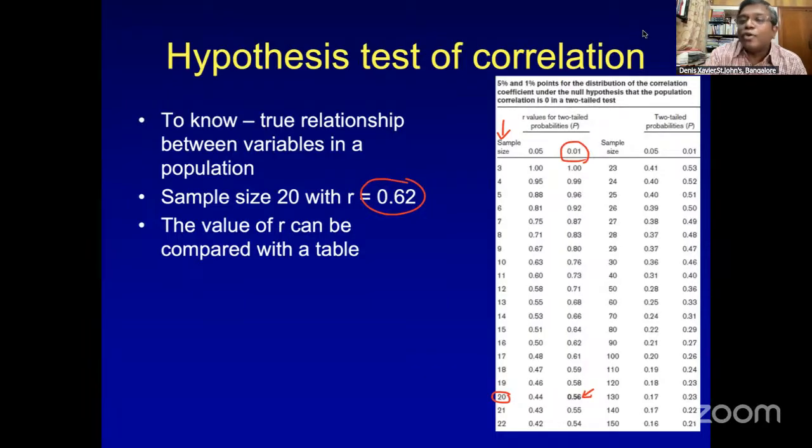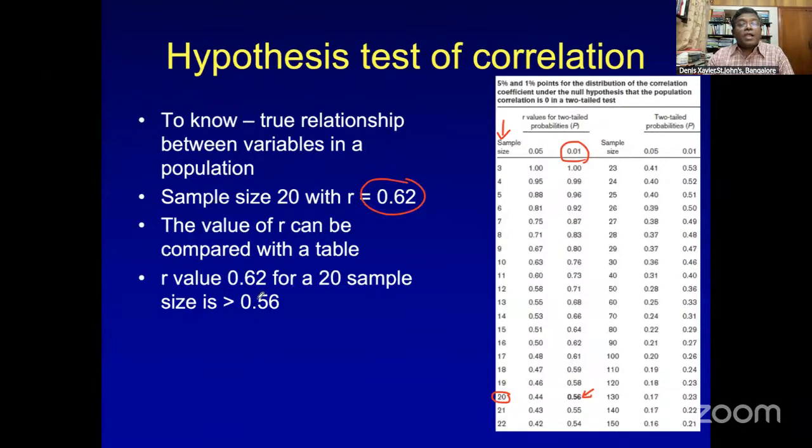In the good old days, people looked at these tables, but now the computer gives it to you. As I kept telling you, I'm going behind the scenes to show you how it is done. Our value of 0.62 for a sample of 20 is greater than 0.56, hence P is less than 0.01.